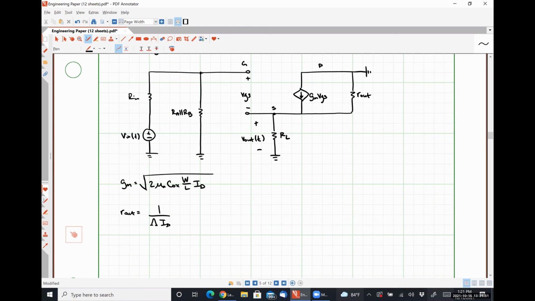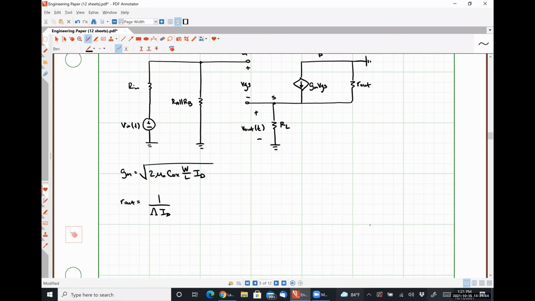So we can observe a couple of things here. The first of which is that our small signal gate voltage Vg is still just going to be Vn multiplied by Ra in parallel with Rb over Rn plus Ra in parallel with Rb, just that simple voltage divider relationship.